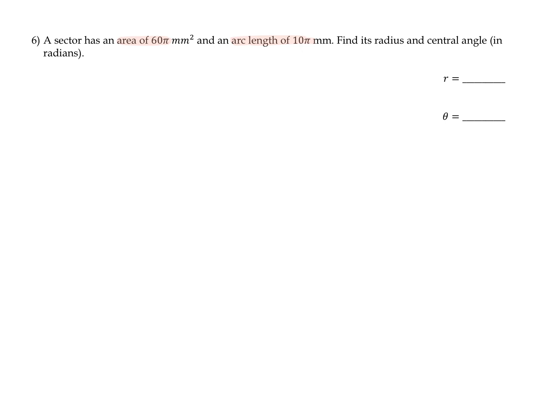Well, I know that the arc length is equal to theta r. I know that area is 1/2 theta r squared. But I can also rewrite that as 1/2 theta r times r, because I'm just multiplying those together. So I can now replace that.